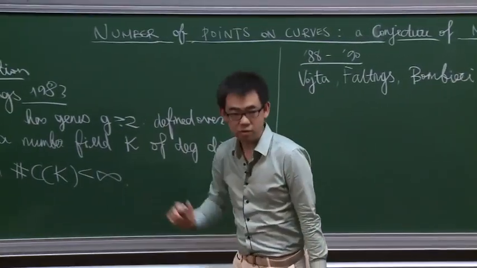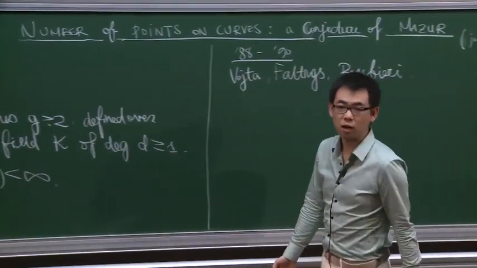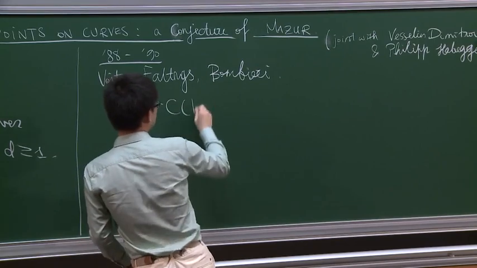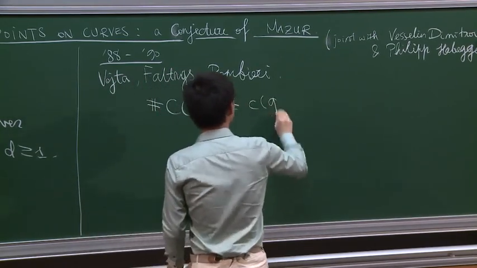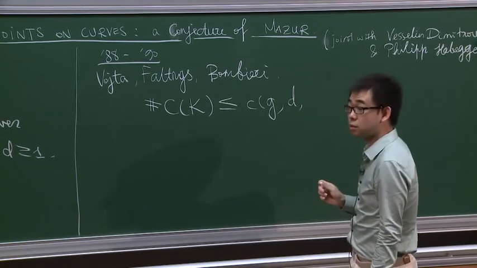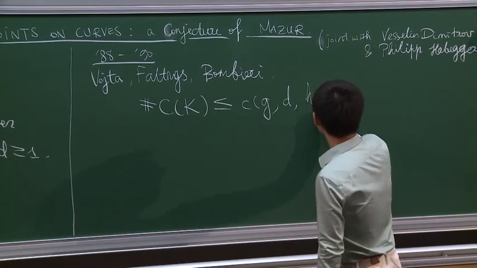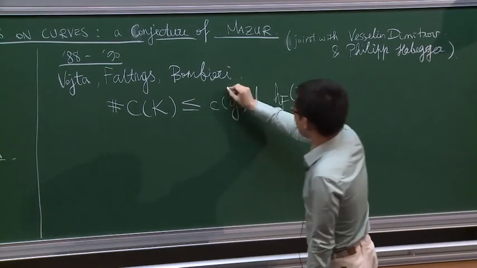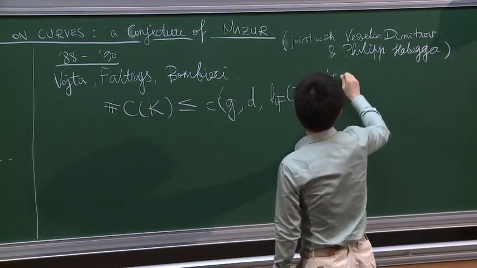It's a new proof of the same result, but at the same time gives a rather good bound. The bound is in terms of the genus, the degree of the number field, the Faltings height of the Jacobian of this curve, and the Mordell-Weil rank.